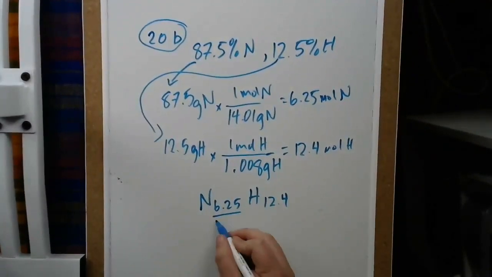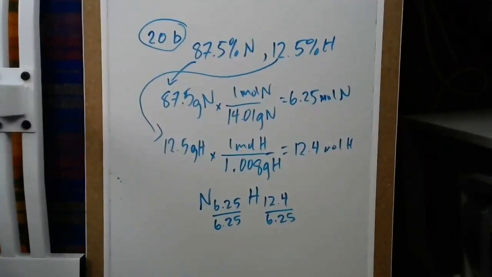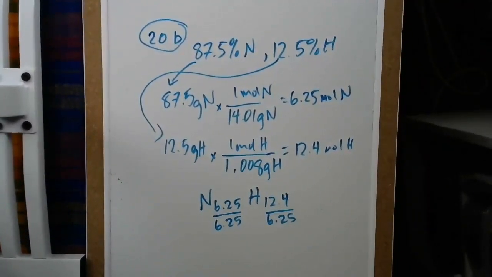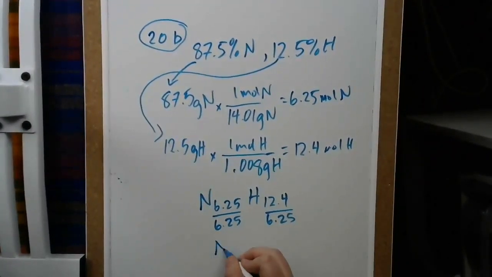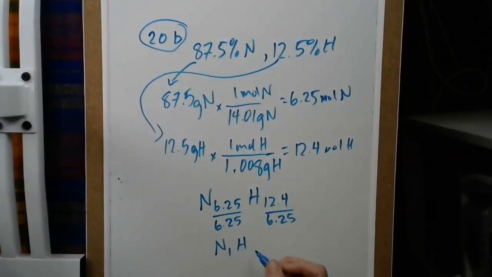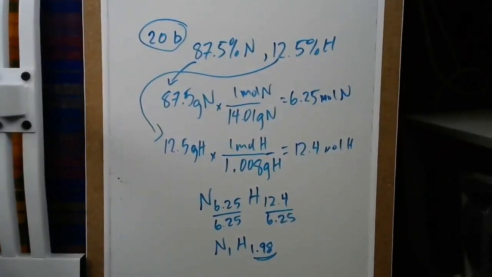I will divide both of these by 6.25. And I get N1 H1.98. This number is roundable, okay?